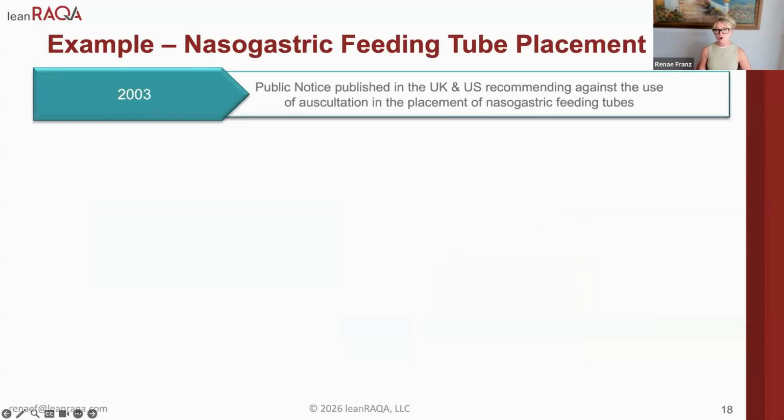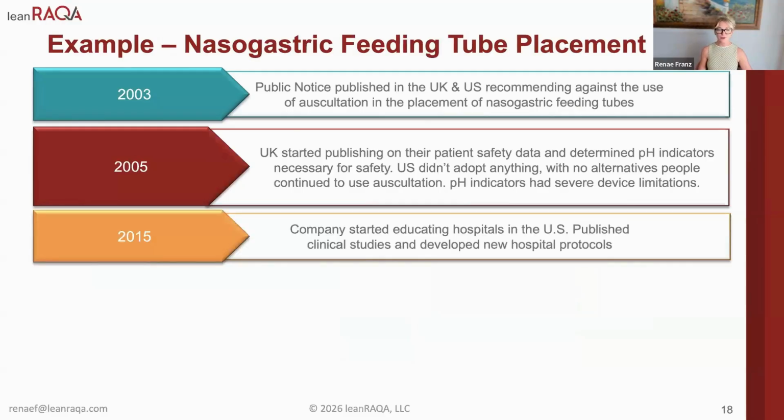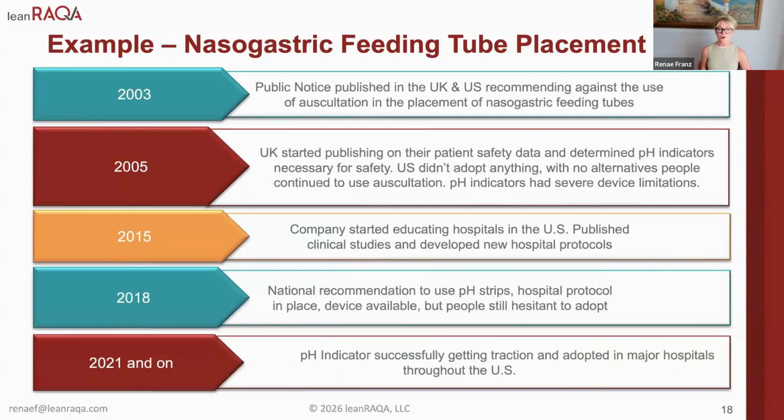This whole process started in 2003 in the UK and the US with recommendations to stop doing auscultation. In 2005, the UK started posting papers on it. 2015 is when we really started developing, refining the product, and educating US hospitals. And it wasn't really until after 2021 that this product started to get market penetration.